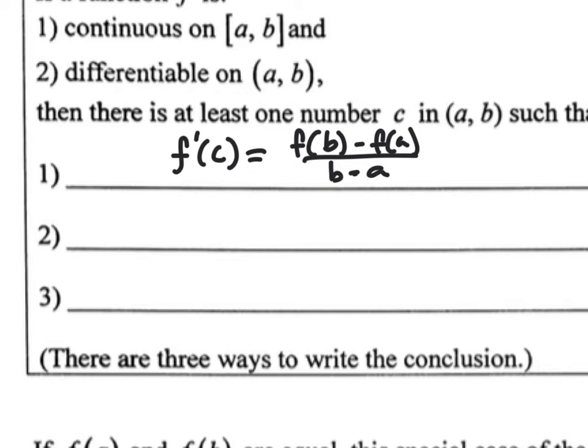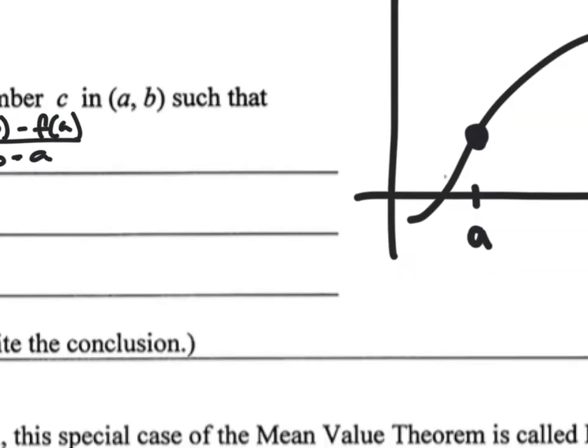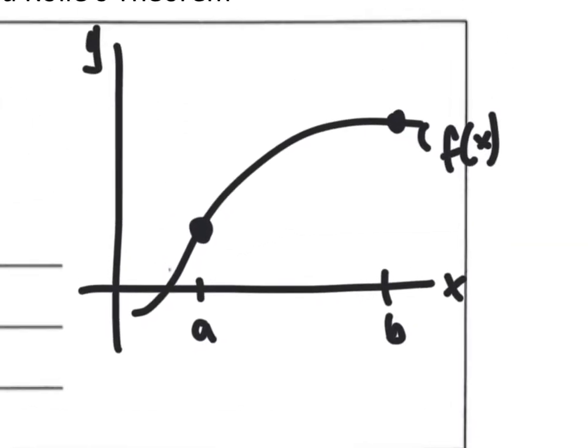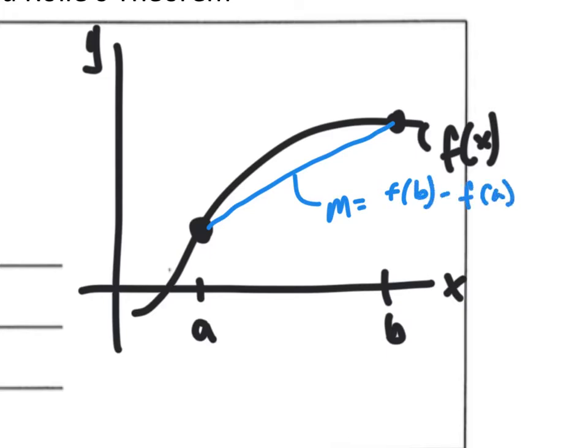And so let's go ahead and draw a picture of what this is. I'm going to come back to my picture, and I'm going to draw the average rate of change. The average rate of change is the slope between two points. This slope here is f of b minus f of a all over b minus a.